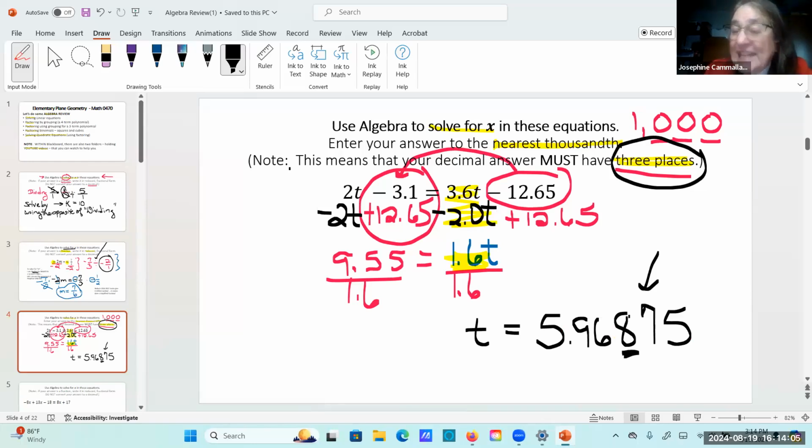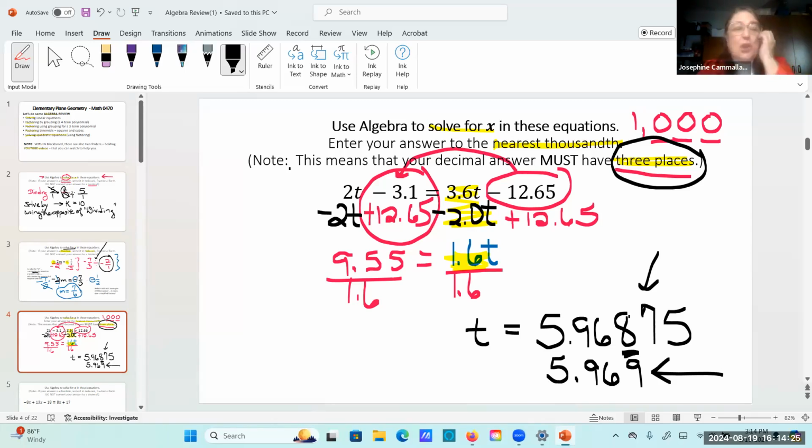That means this 8, which has the 7 behind it, is going to give me 5.969 as my final answer. Okay.